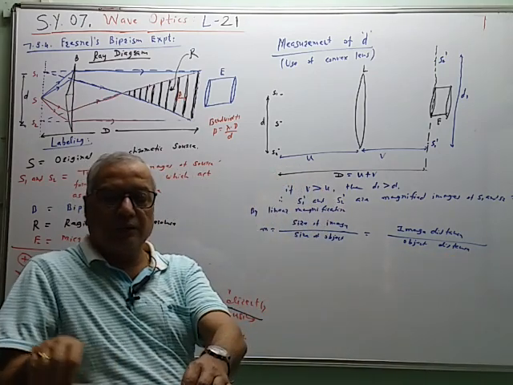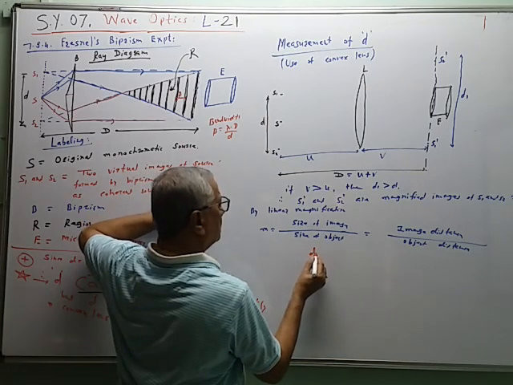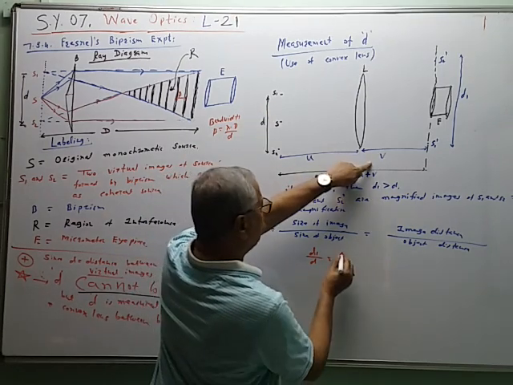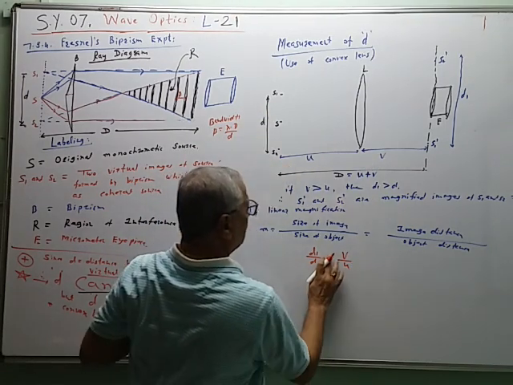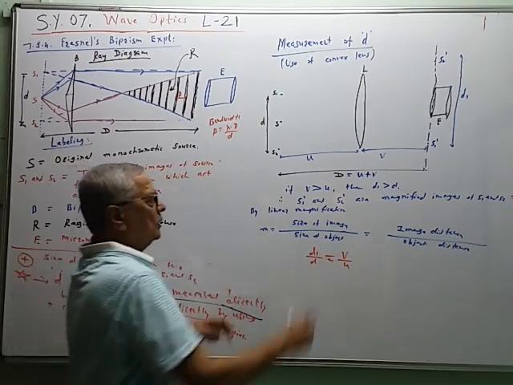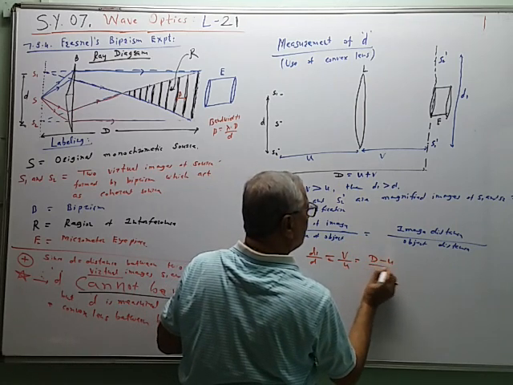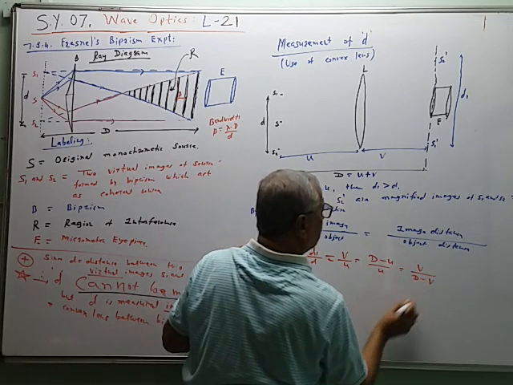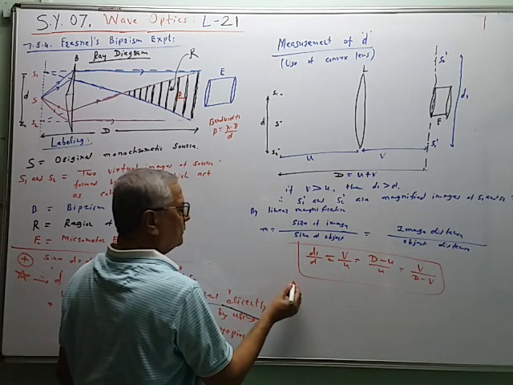So in our figure, the size of the image is d1, the size of the object is d, image distance is v, object distance is u. So d1 upon d is equal to v upon u, and now if you use this formula, then this is equal to D minus u upon u, or this is equal to v upon D minus u. So by using this formula, we can determine d.